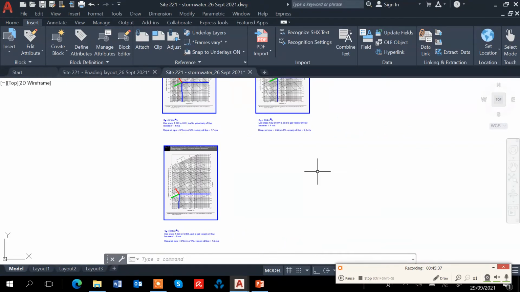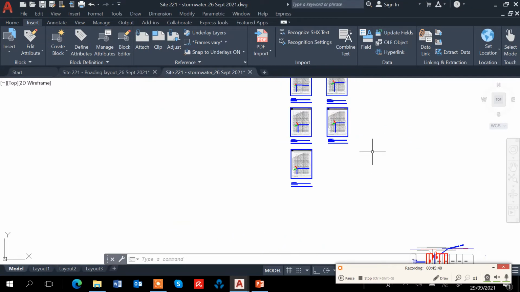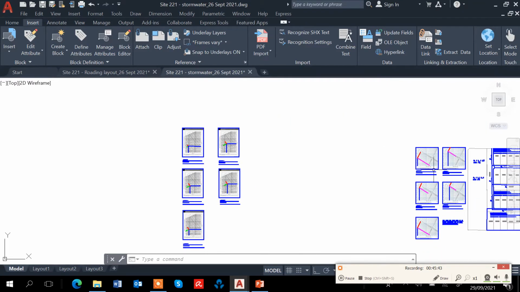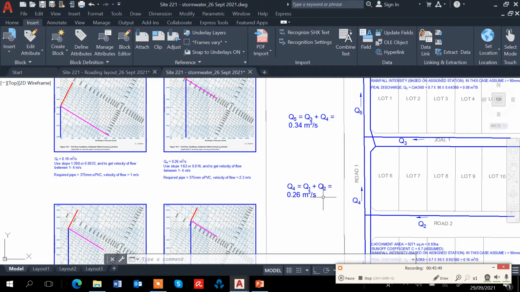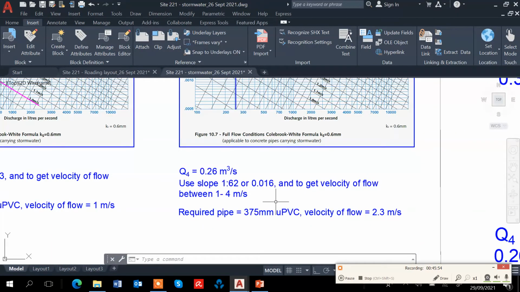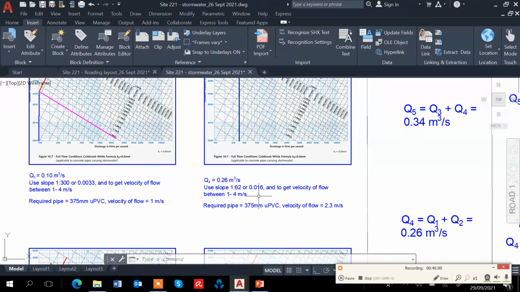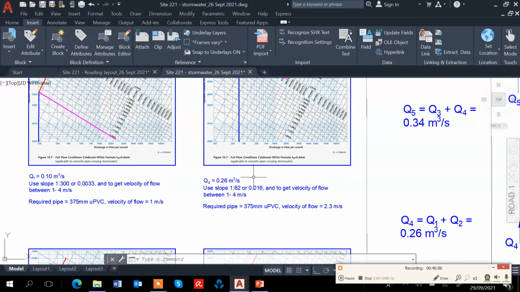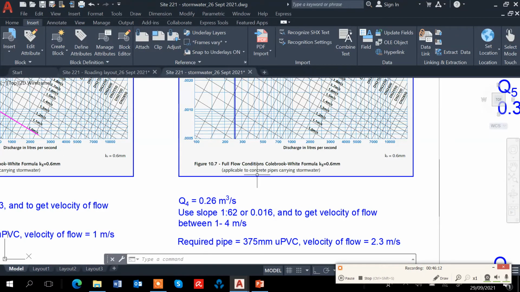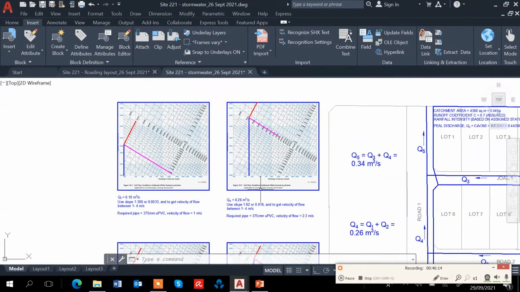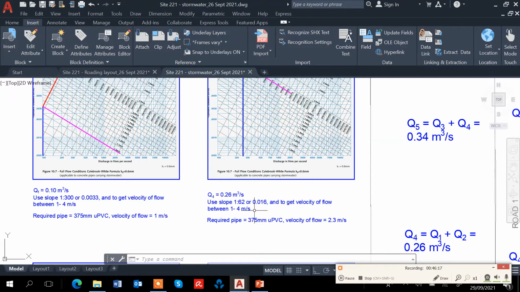Q3 is about the same for Colebrook-White and the Manning formula. I think the difference comes in at Q4, which is Q2 plus Q1. Here I use a slope of 1 in 62, for 0.26.